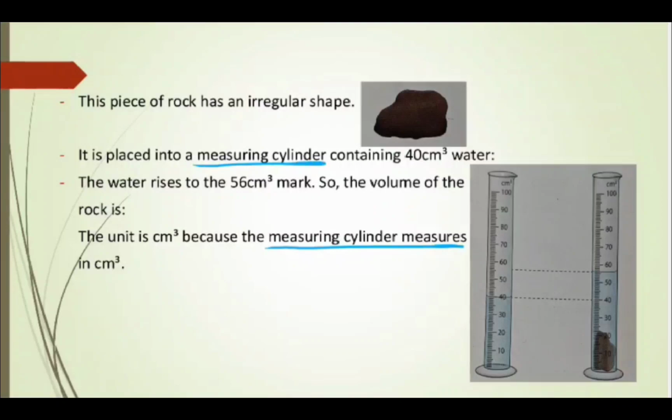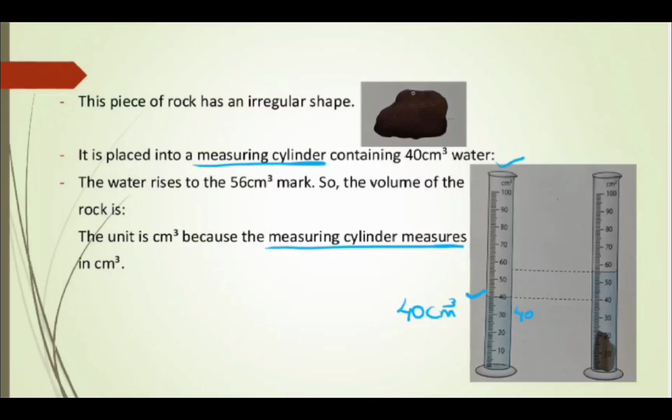So you take a measuring cylinder like this and you fill it with some amount of water. Make a note of the amount of water. In this case, it is 40 ml or centimeter cube, since it's 40 centimeter cube.